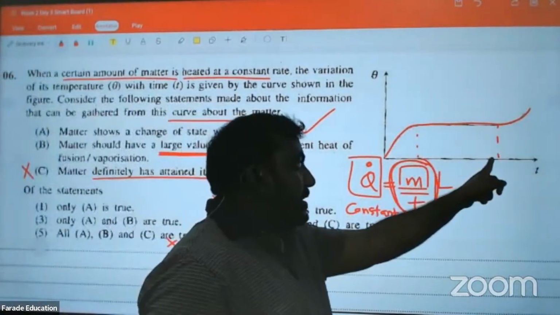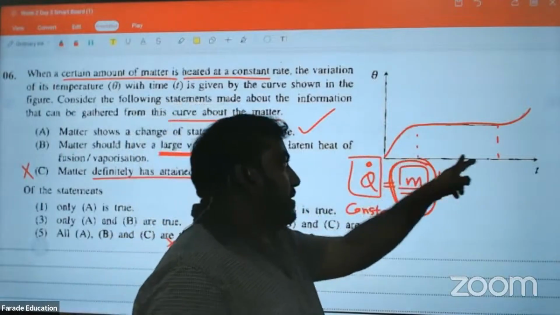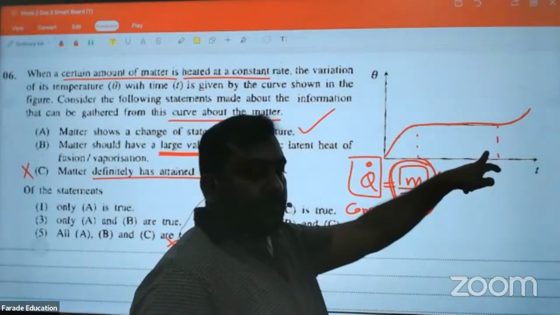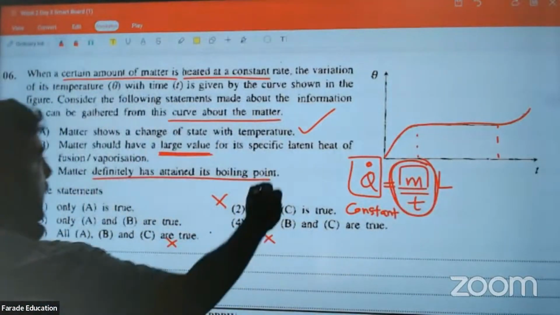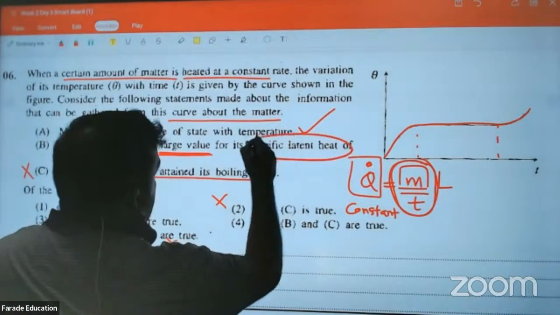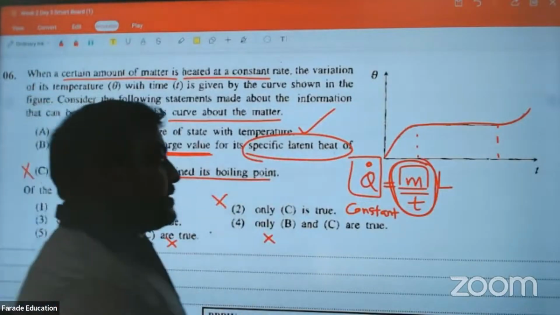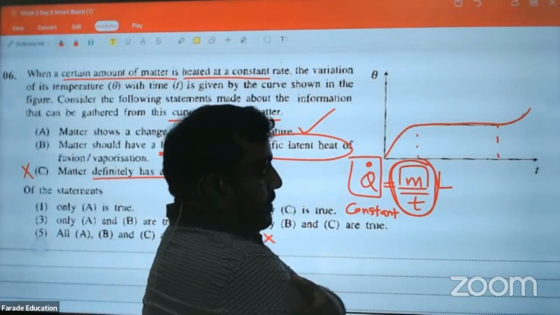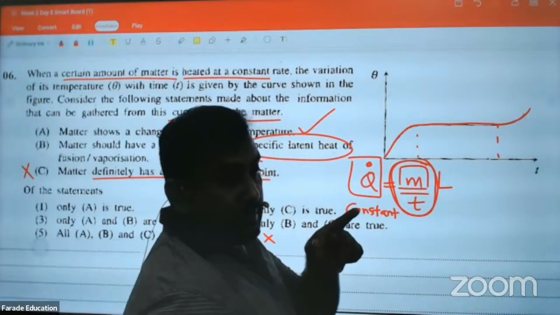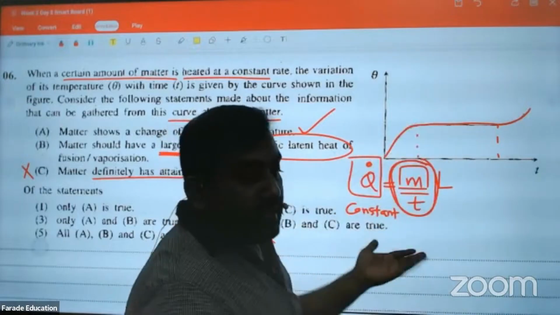And just because the time is longer for the phase change, we cannot say the specific latent heat is larger. Right? Sometimes the mass might be large. Larger the mass, longer the time.